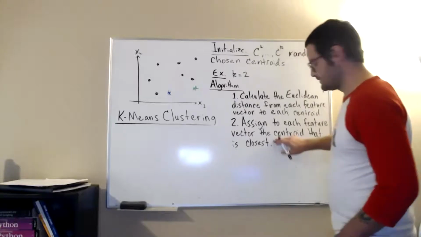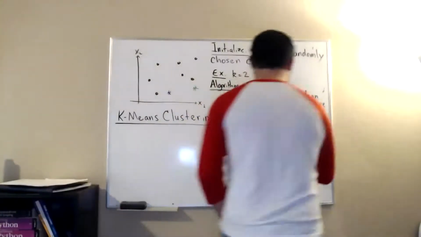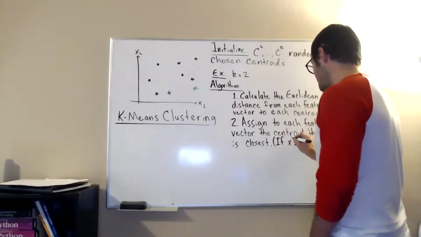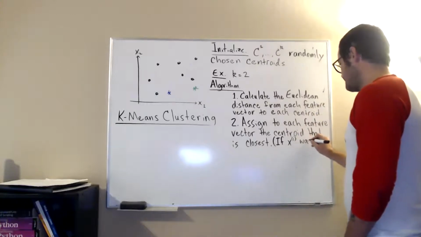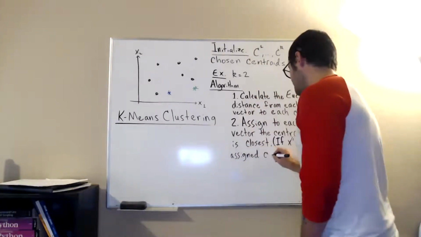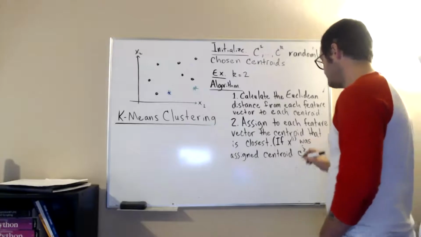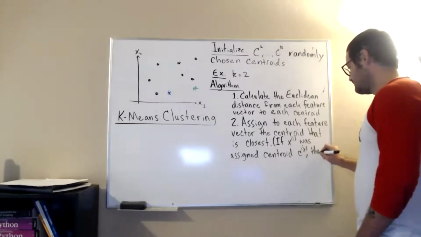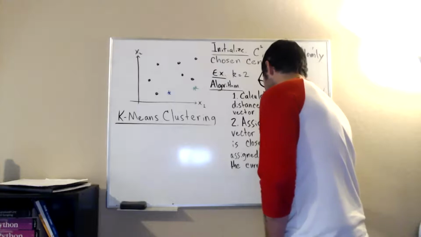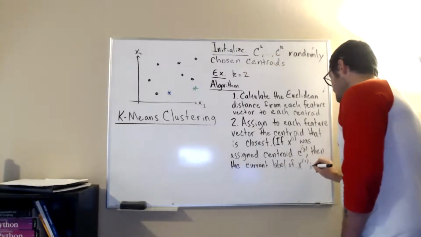So the way that this is going to work is that, if feature vector i was assigned centroid Cj, then the current label of feature vector i is j.